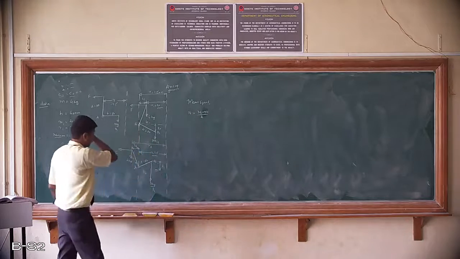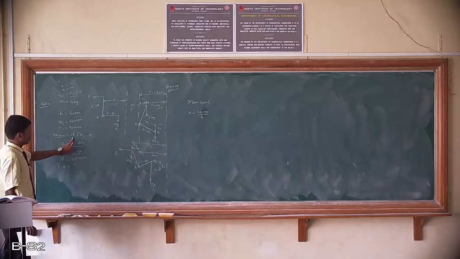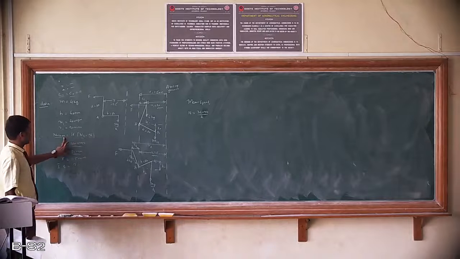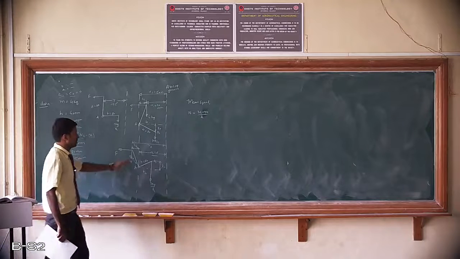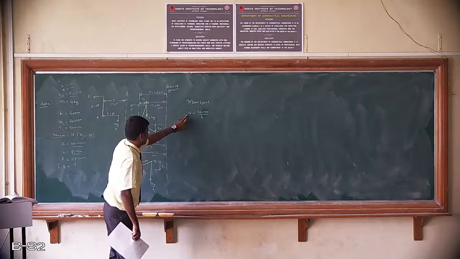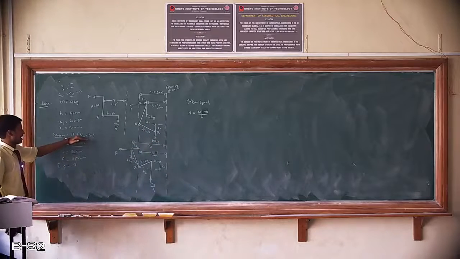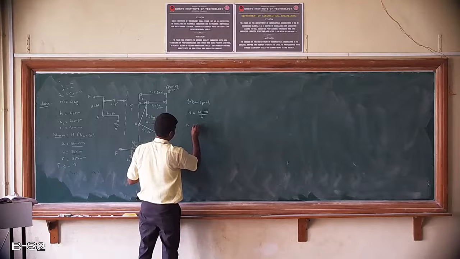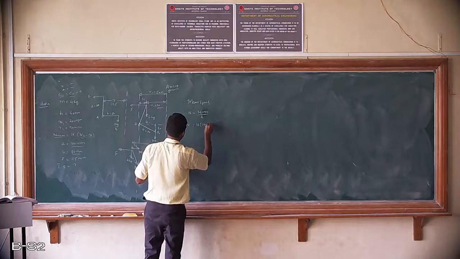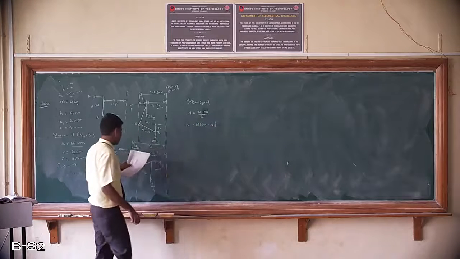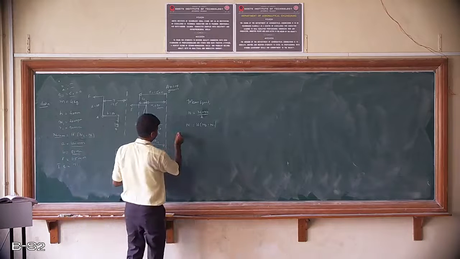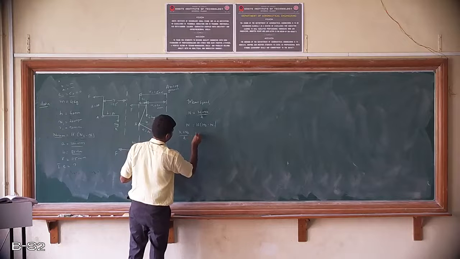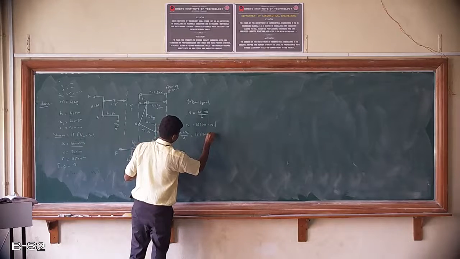In the problem statement it is given that the mean speed is 16 times the range of speed. So you can substitute the value of mean speed, that is N is equal to 16 into bracket N2 minus N1. Therefore N1 plus N2 divided by 2 is equal to 16 into bracket N2 minus N1.